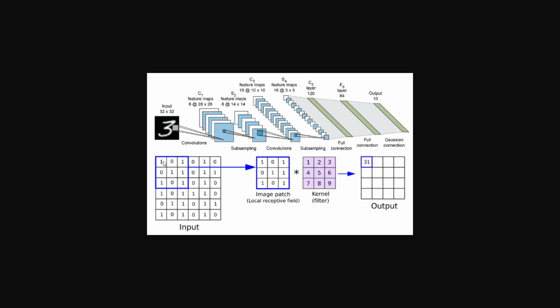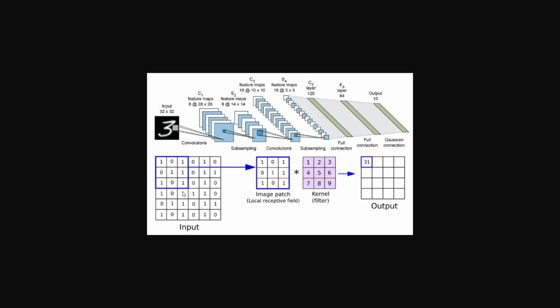For example, 1 0 1, 0 1 1, 1 1 1. We'll multiply 1 with 1, 0 with 2, 1 with 3, 0 with 4, 1 with 5, 1 with 6, 1 with 7, 1 with 9, and then add everything to get the first element in the output. Similarly, we'll get the second element, third element, fourth element, and fill the whole matrix. This is what's happening in convolution.